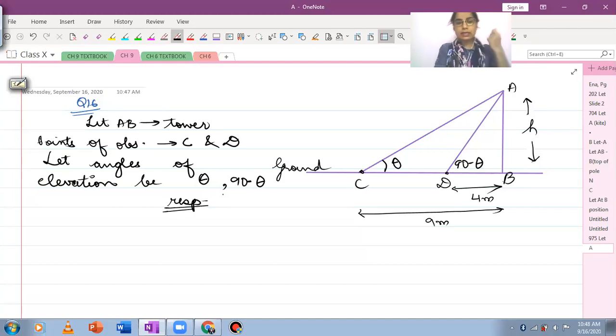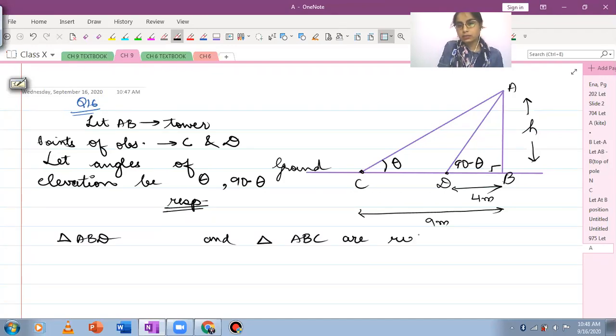So at C, the angle is theta, and at D, it's 90 minus theta. The distances have been marked, and you can write down that the 2 triangles, triangle ABD and triangle ABC, are right triangles.